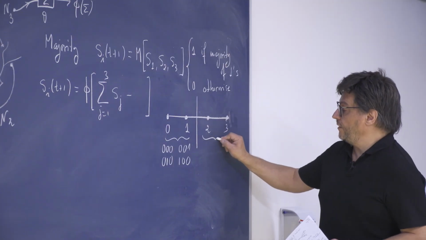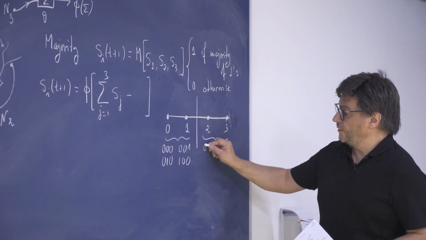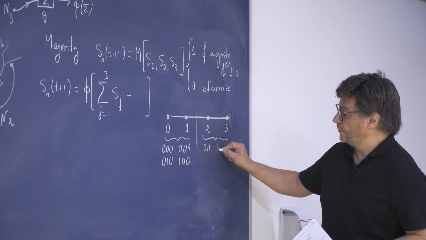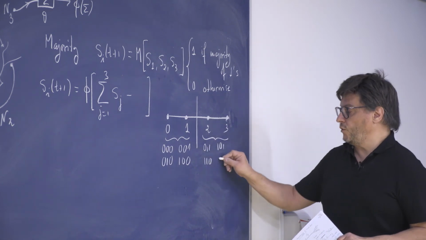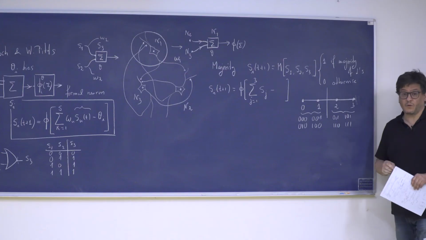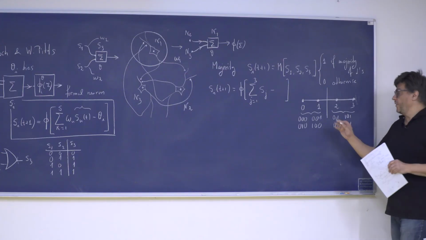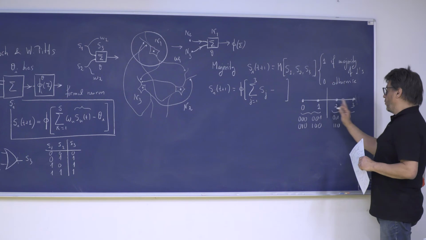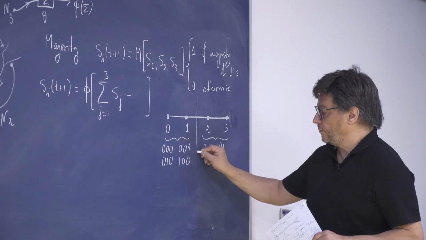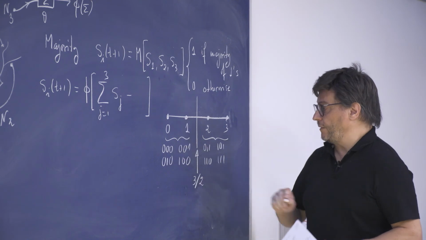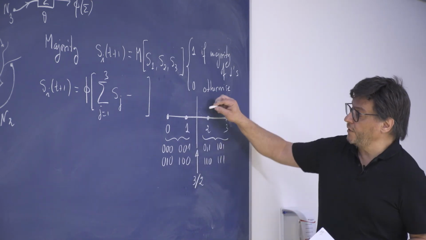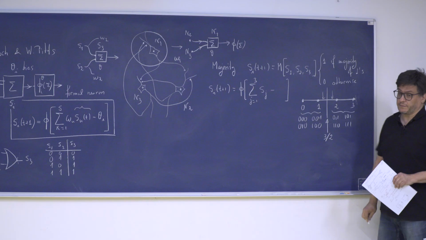If I'm here, it is because I have two ones, or because everyone is a one. So where is the threshold? What decides whether the majority is 0 or 1? Well, I take a number here, 3/2, for example, but any number here will work, okay?